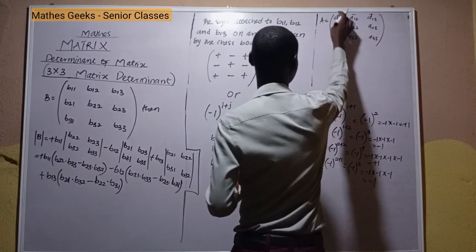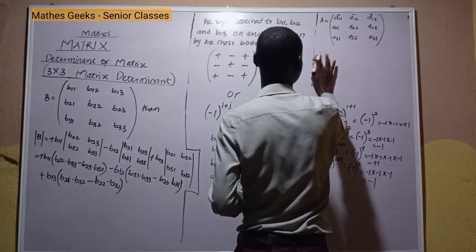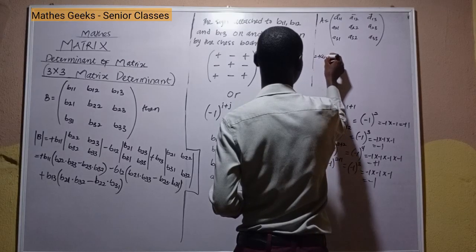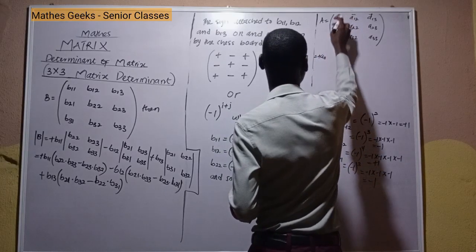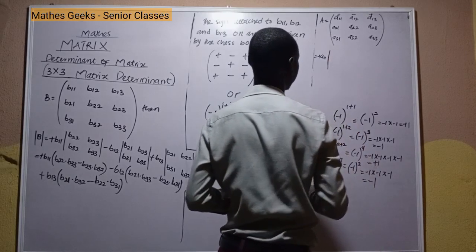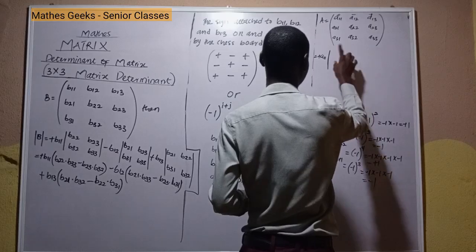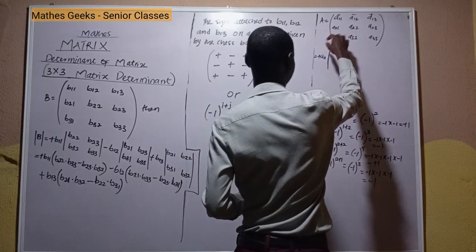So factor the first row out. This will give us plus E11, whatever the value of this entry is. Then we look for the determinant of the 2 by 2 matrix that we get next.